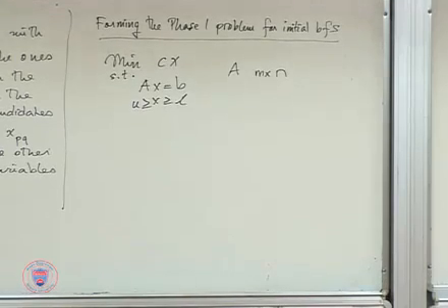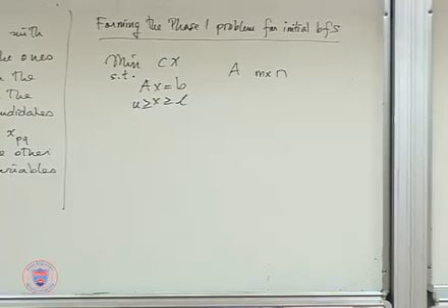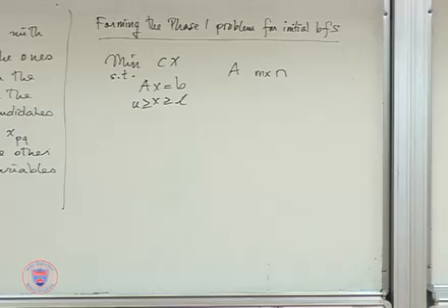Now, we need to insert artificial variables here. That's the way to go. But when you insert your artificial variables, it's not trivial to decide if they should come in with a plus sign or a minus sign.